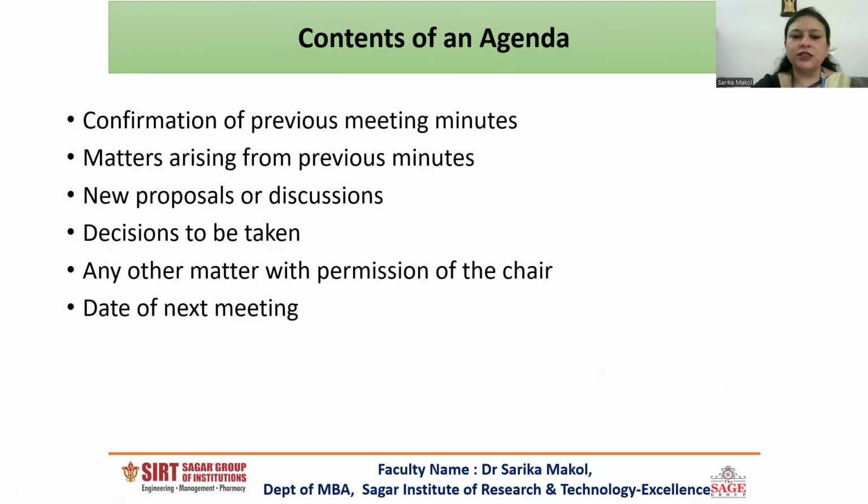Then new proposals or discussions being discussed in the current meeting. Then decisions to be taken will be noted or entered into the minutes. Any other matter with permission of the chair, and always the date of the next meeting will be mentioned in the agenda. So these are the various points which we considered in the agenda.